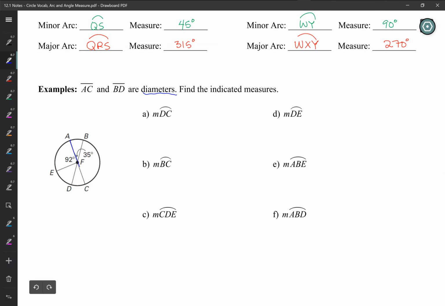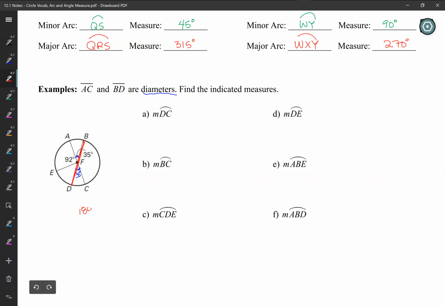So I can see right here I have an X. Remember that the angles across from each other are vertical angles. They're congruent. So this one's 35 degrees also. Okay, so I've got my vertical angles there. And you want to look for things that add to 180. So if this is a diameter, then those two angles add to 180.